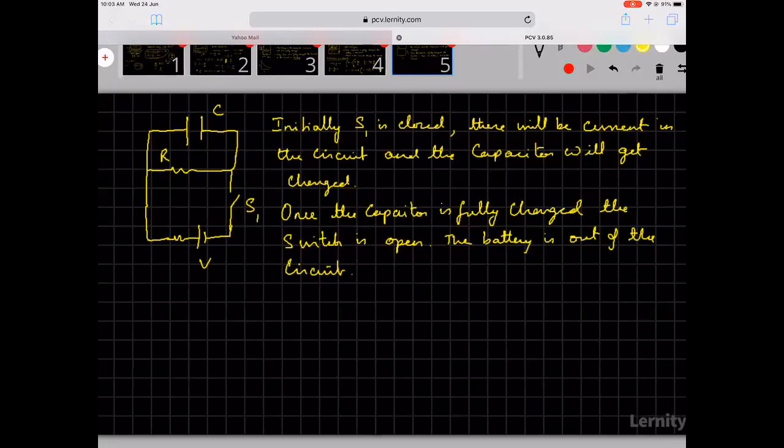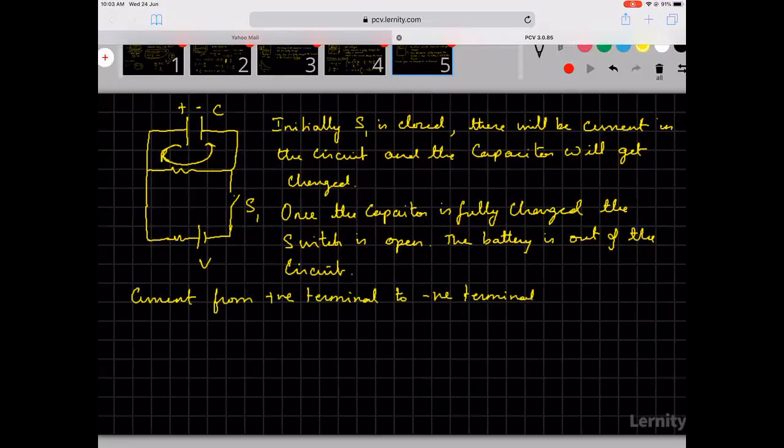Once the battery is out of the circuit, the capacitor is fully charged. There is positive on this plate, there is negative on this plate. So the moment you remove this, there will be a current from the positive terminal to the negative terminal. Can you please make notes till here?